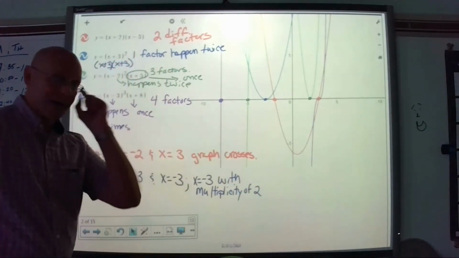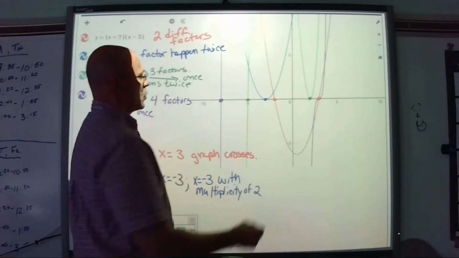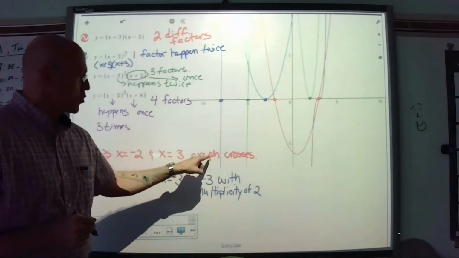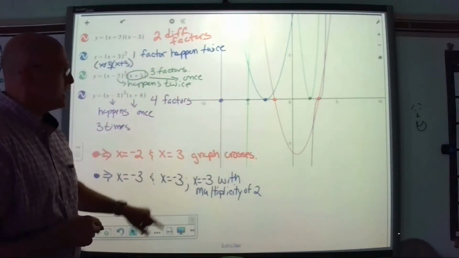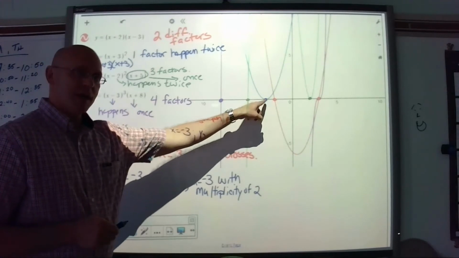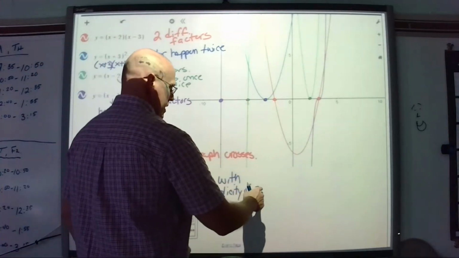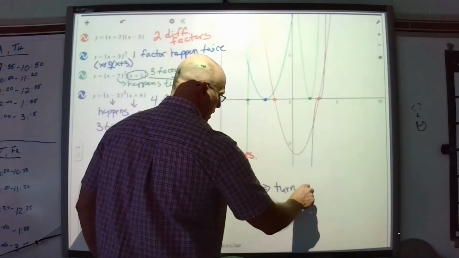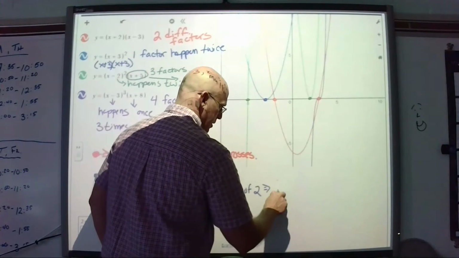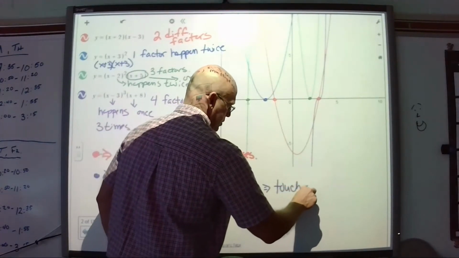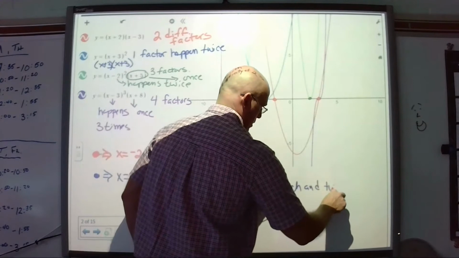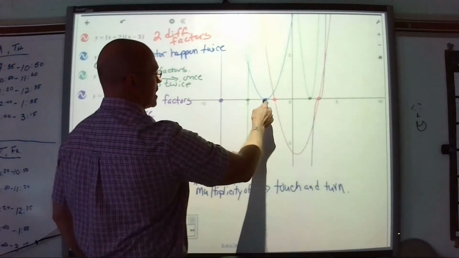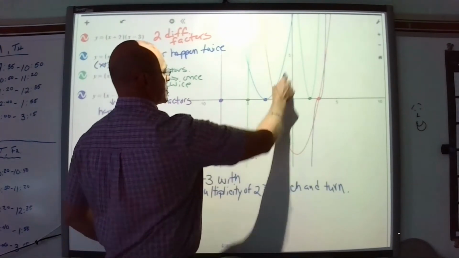It means it happens twice. So let's look at it here. What do we notice about the graph? It doesn't cross over. It just touches and turns away. I'm just going to call it touch and turn. See it? The graph comes down, touches the x-axis at the zero, and turns away.